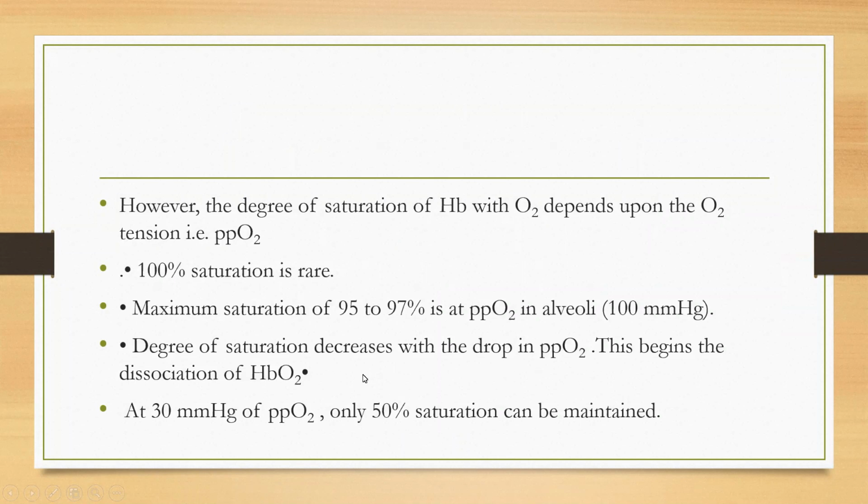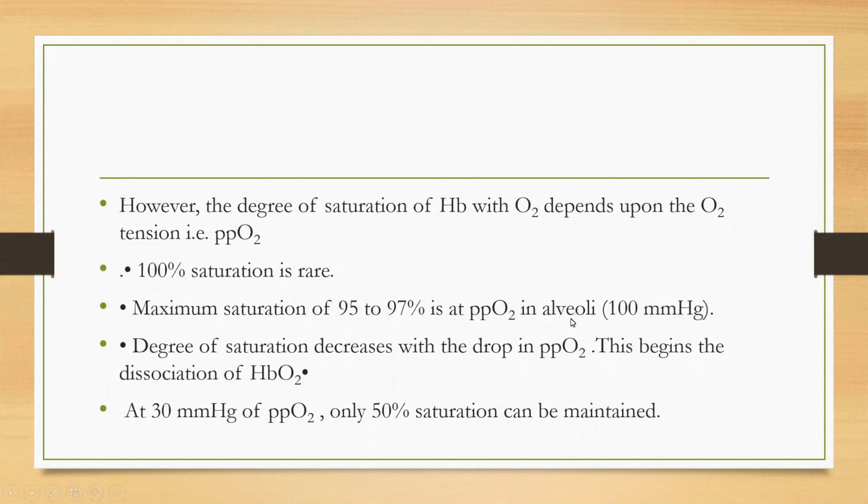This begins the dissociation of hemoglobin and oxygen. Now in the previous point, it is said that maximum saturation of 95 to 97% is at the partial pressure of oxygen in the alveoli, that is 100 mmHg.